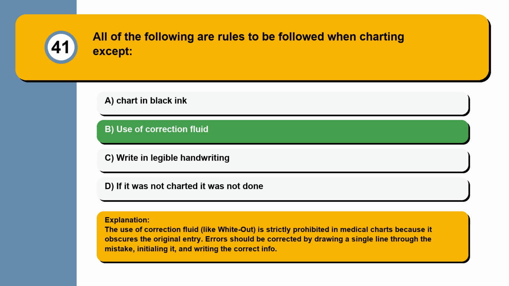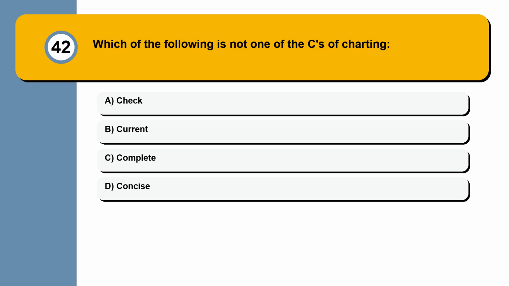Explanation. The use of correction fluid, like whiteout, is strictly prohibited in medical charts because it obscures the original entry. Errors should be corrected by drawing a single line through the mistake, initialing it, and writing the correct info. Question 42. Which of the following is not one of the C's of charting? Here are your options. Option A, check.